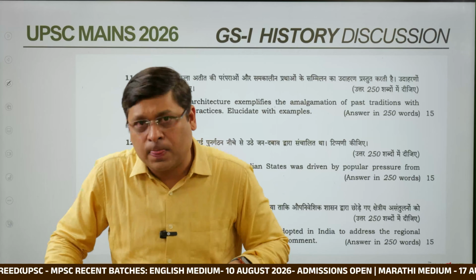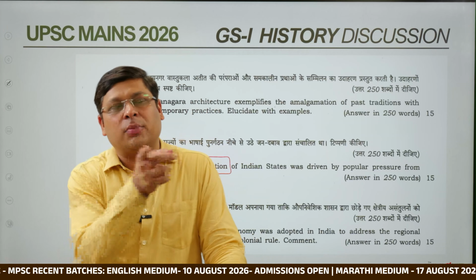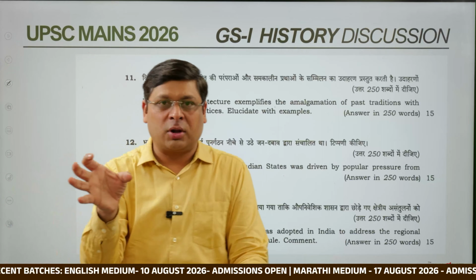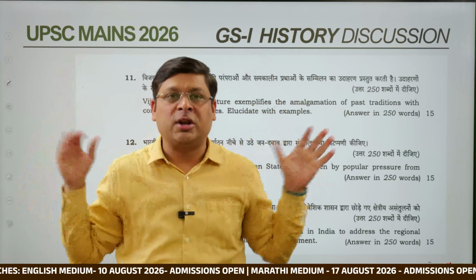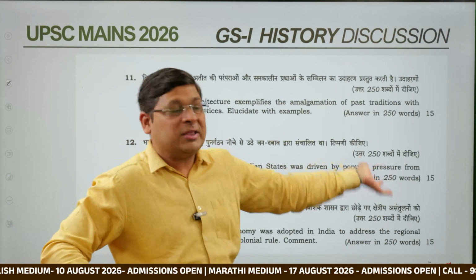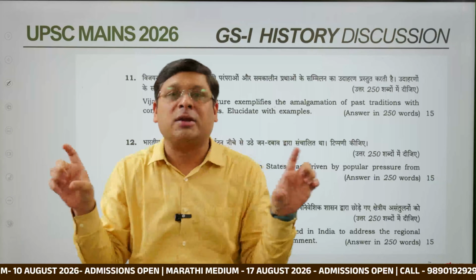That factor was partition. So we need to understand this. First of all, you talk about the background of the national movement, and as I said, that broad support for linguistic reorganization. What marks a deviation? See, elites first agreed to linguistic reorganization, and later on elites became against linguistic reorganization. Then the pressure from below made them go for it. That's what I'm trying to say in the introduction, right?